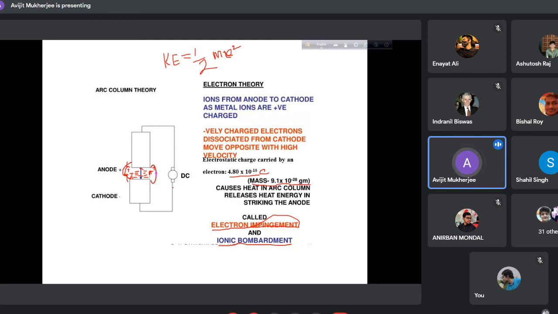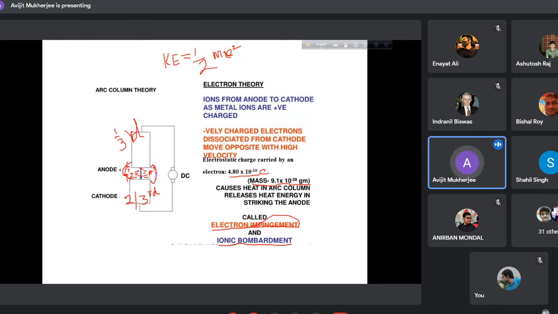So ultimately, major heat will be generated here on the cathode surface. Two-thirds of the total heat will be generated at the cathode surface, and the rest, one-third of the heat, will be generated at the anode surface.